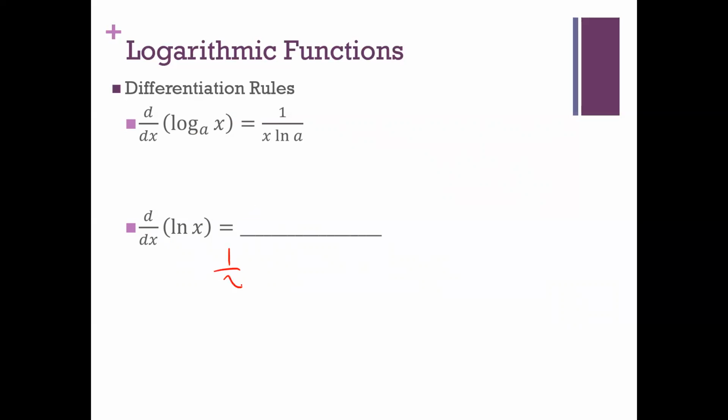What's the base of the natural log? It's e. So the derivative is 1 over x times 1 over natural log of e.